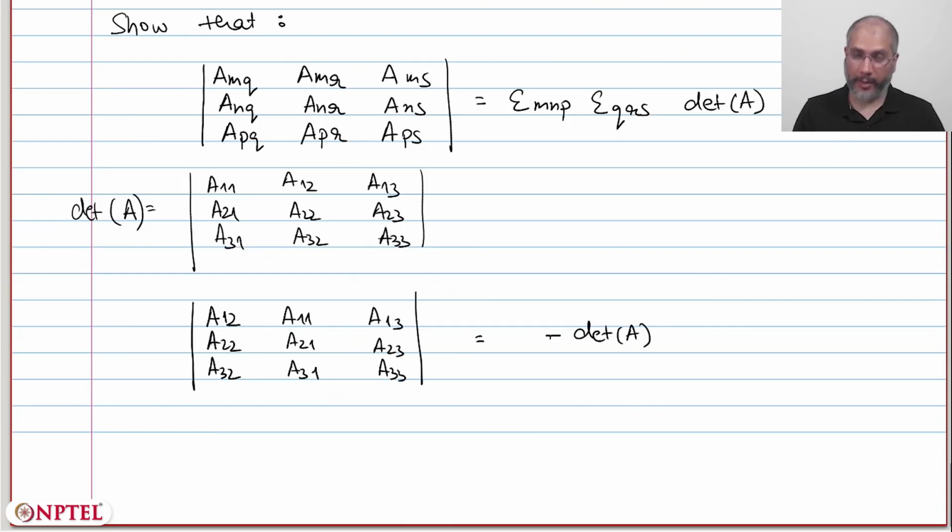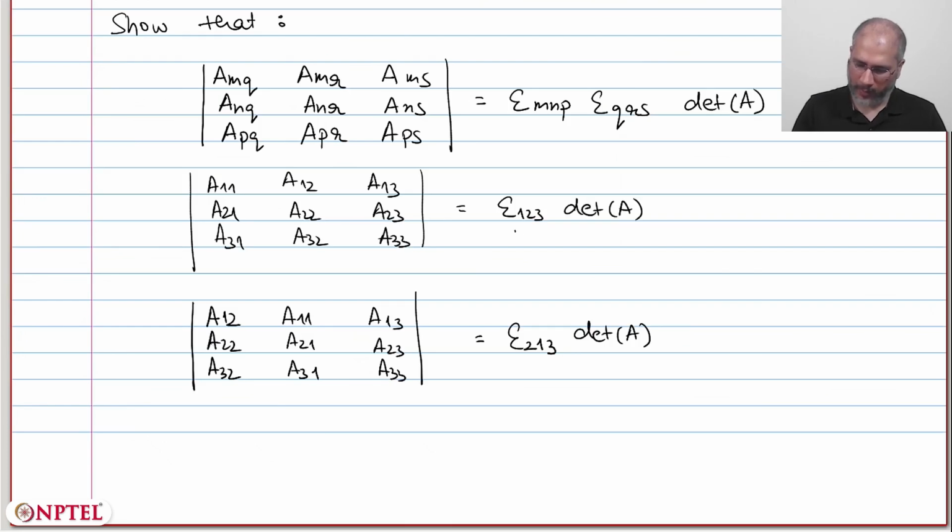So can I write this as epsilon 2, 1, 3? And the one above is written as epsilon 1, 2, 3 times determinant of A, where the first, second, and third indices are simply the column numbers 1, 2, and 3.